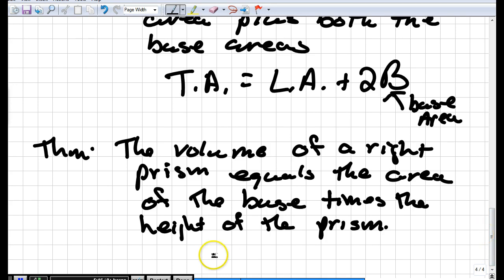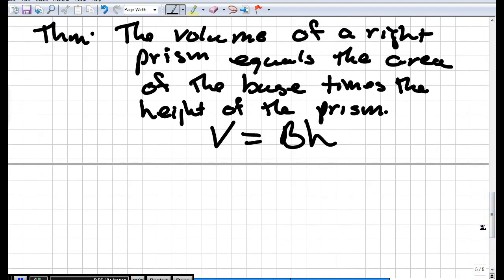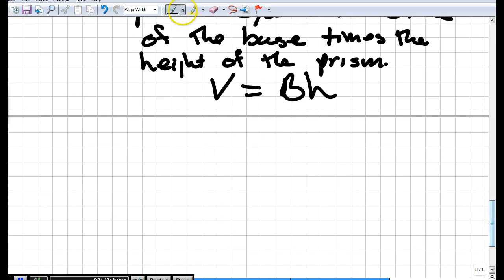Okay, and so volume equals base area times height. Remember, the capital B stands for base area. Okay, so let's look at an example here.